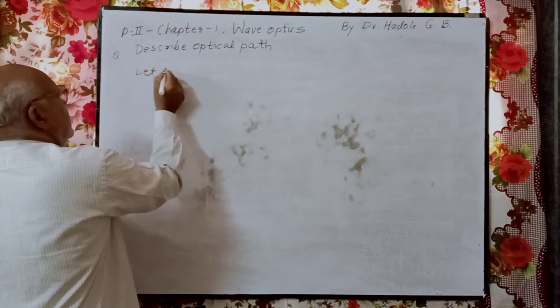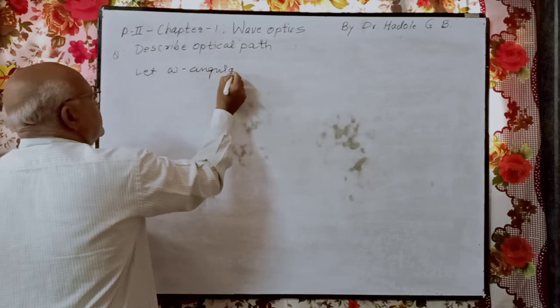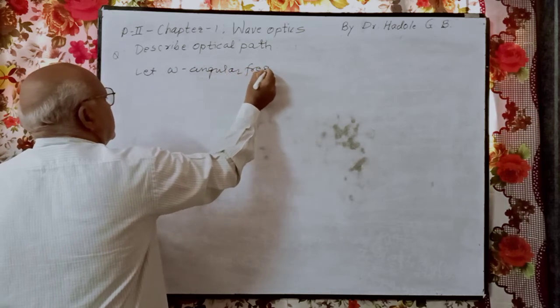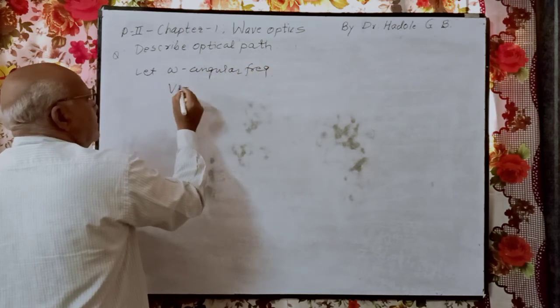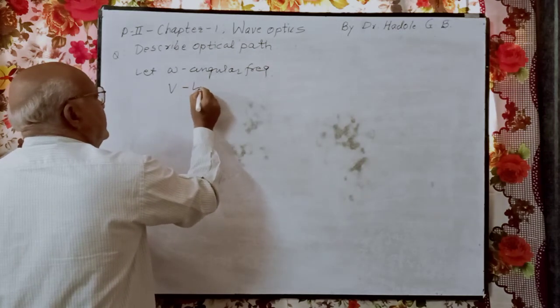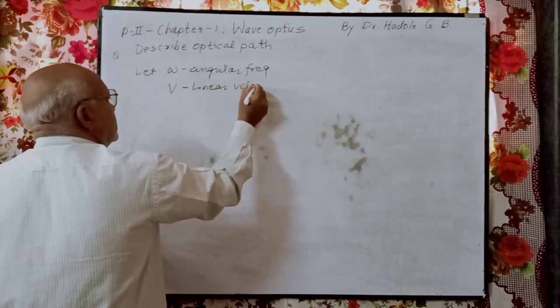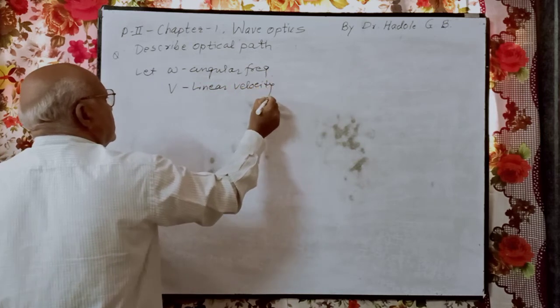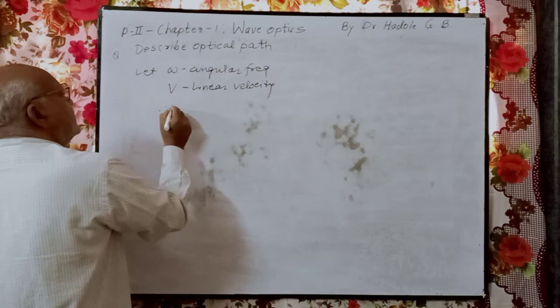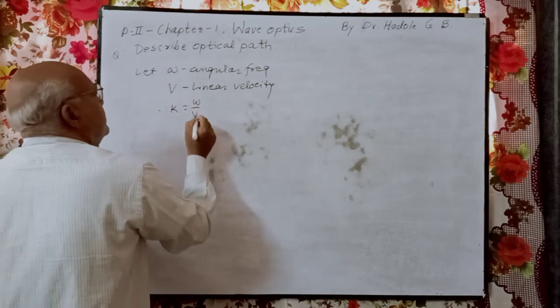Let omega be the angular frequency and v the linear velocity, therefore k equals omega upon v.